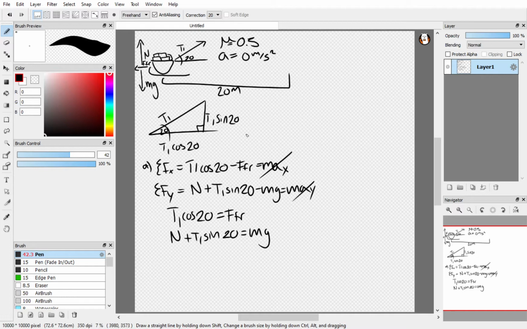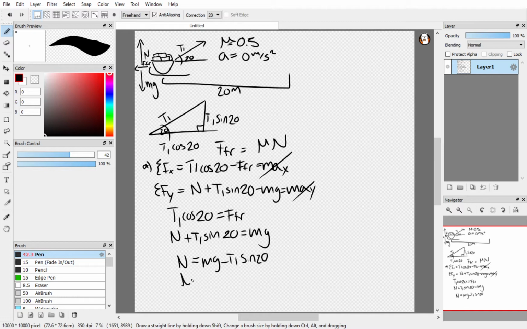Knowing that the force of friction will be equivalent to mu N, if we isolate N in this equation, N equals mg minus T1 sine 20.